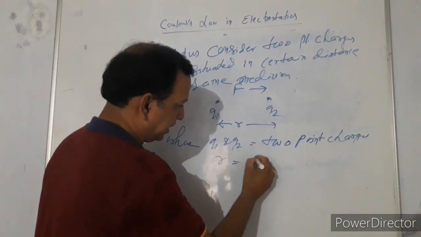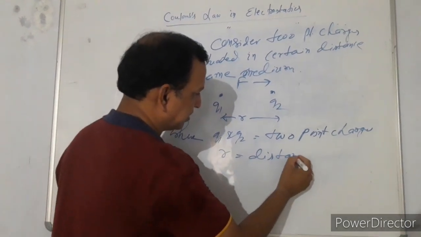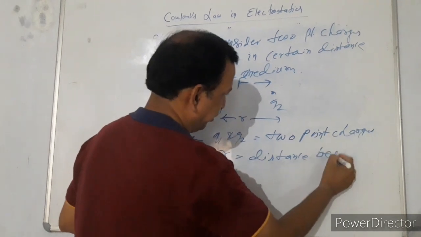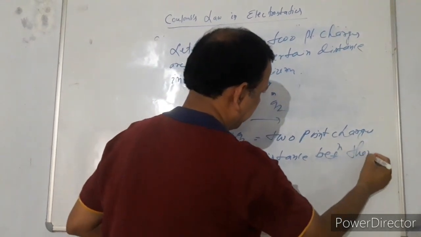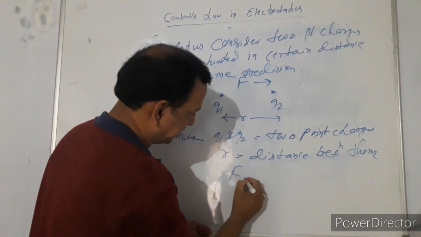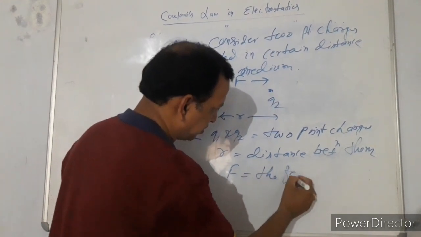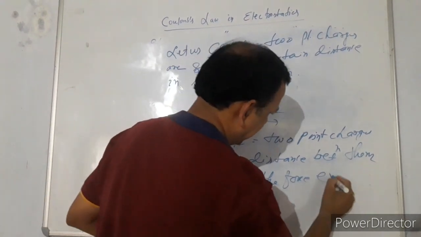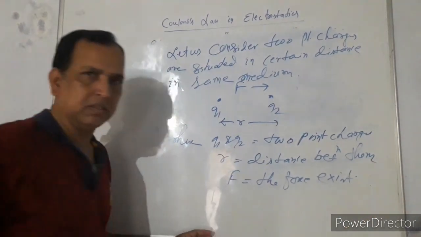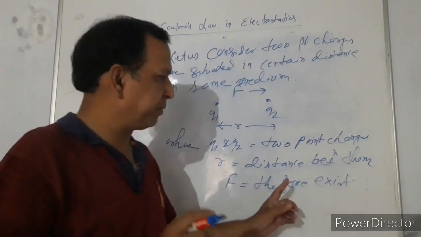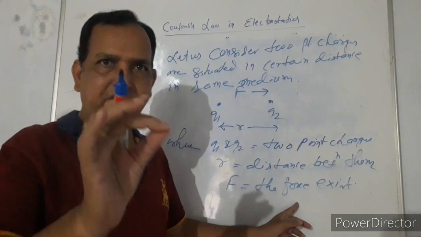r is the distance between them. F is the force that exists, which may be attractive or repulsive.